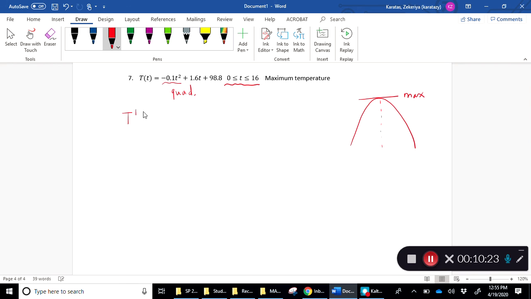So you find the derivative of T, and that's negative 0.2 times t plus 1.6 equals 0. If you solve that, negative 0.2 times t equals negative 1.6. If you divide both sides by negative 0.2, you get t equals 8. So in 8 days, this person will hit the maximum temperature.